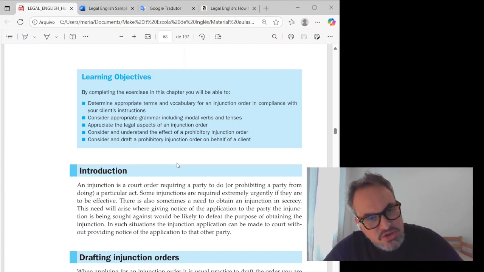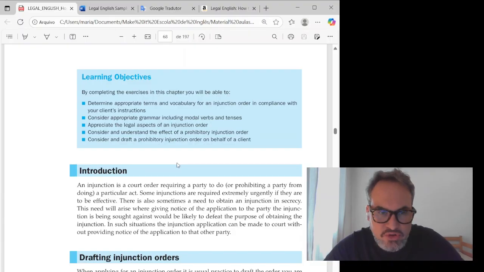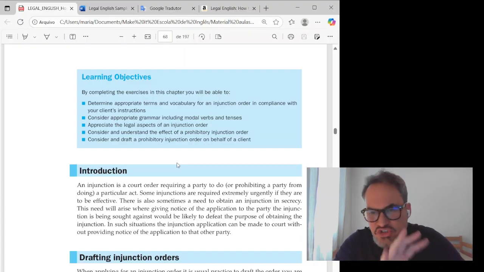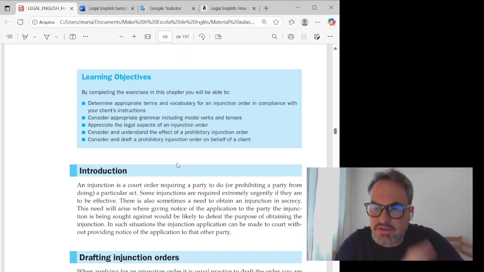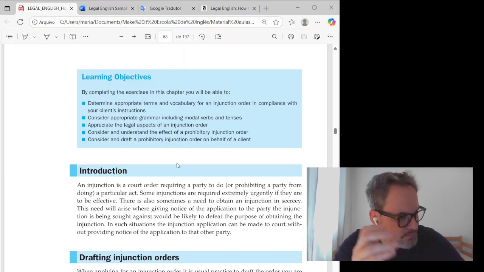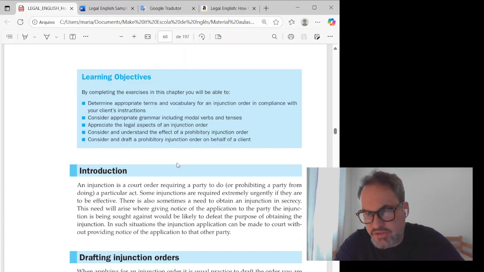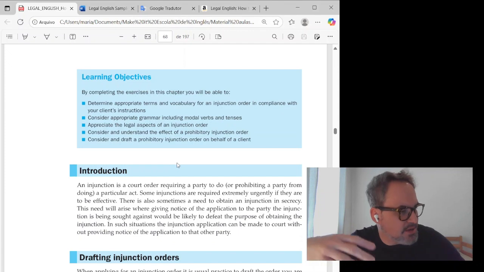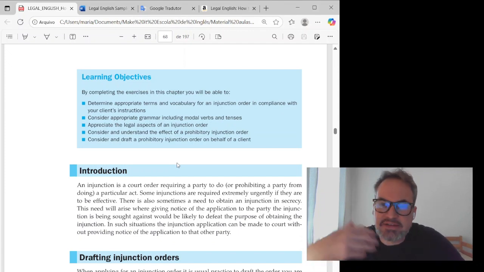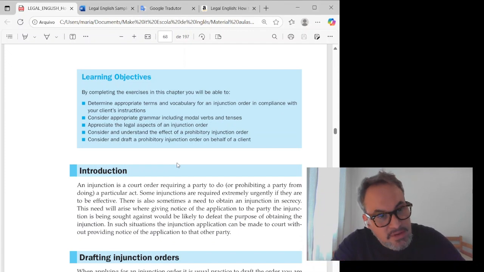Appreciate the legal aspects of an injunction order, of course. Understand how that injunction order works. Consider and understand the effect of a prohibitory injunction order, because you will see that here we have at least two kinds of injunction order, and the first one is the prohibitory order, and the other one is command, telling someone to do something.